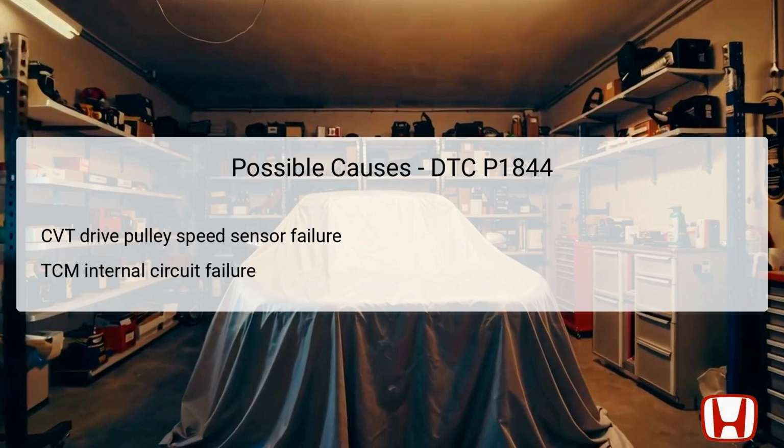The second possible cause is a malfunction in the internal circuit of the TCM, which may impair its ability to interpret incoming signals from the sensor properly. Given these two scenarios, thorough checks of both the speed sensor and the TCM are critical for precise fault diagnosis.